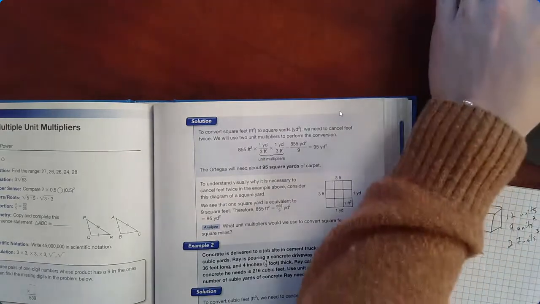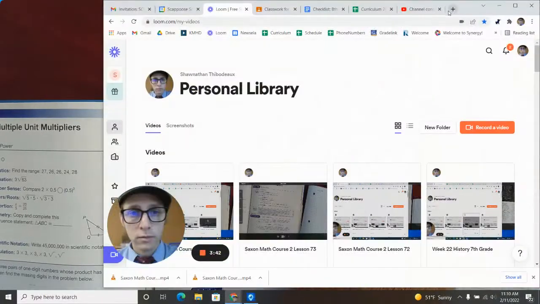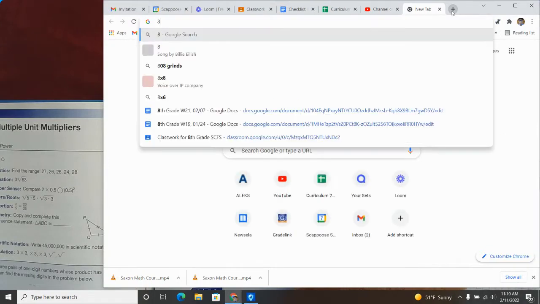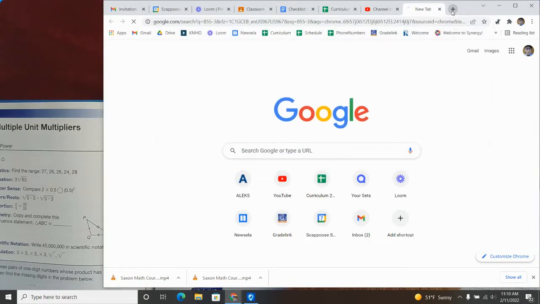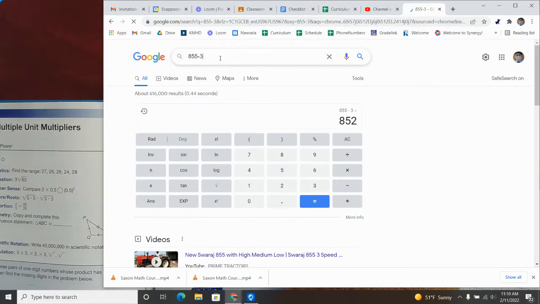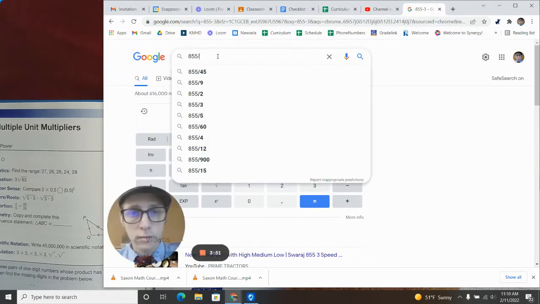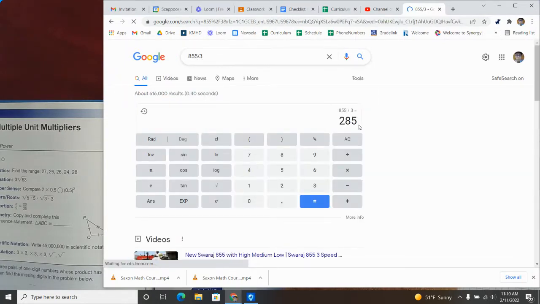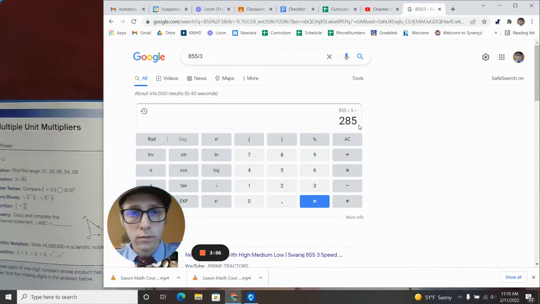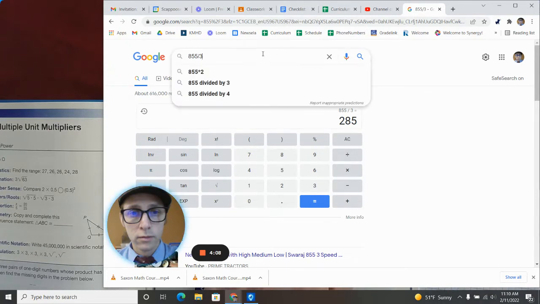Although if I were to try and skip a step, 855 divided by 3. Oops, sorry. Divided by 3. 85. So you can't try and skip steps and just do 855 divided by 3 and call it good. What you've got to do, because it's squared, is you have to use the squared unit.